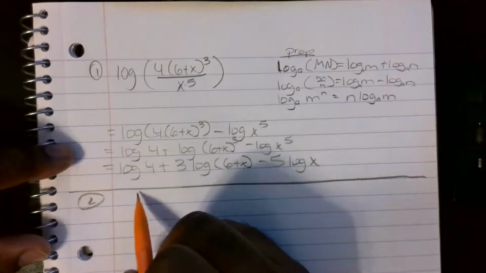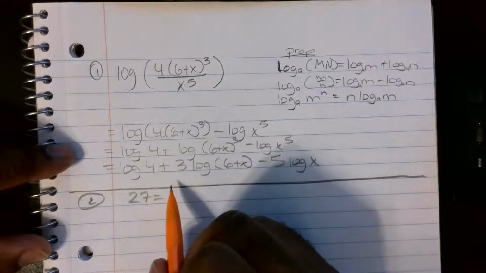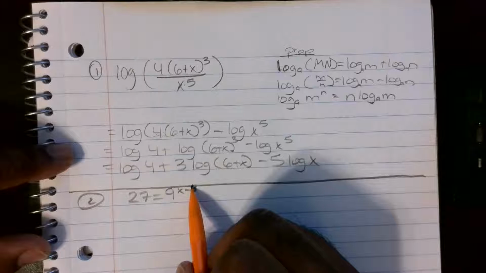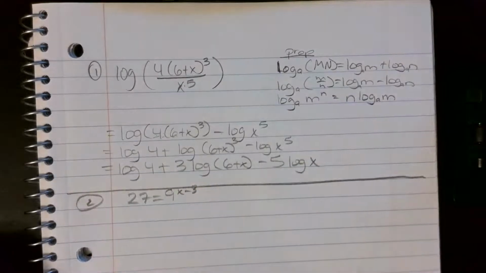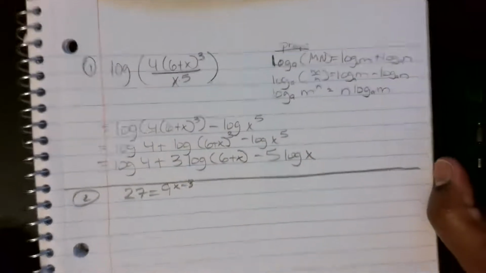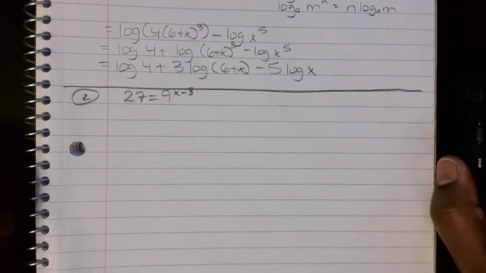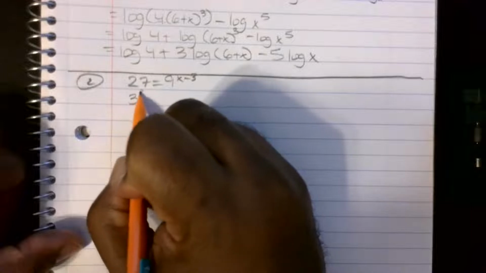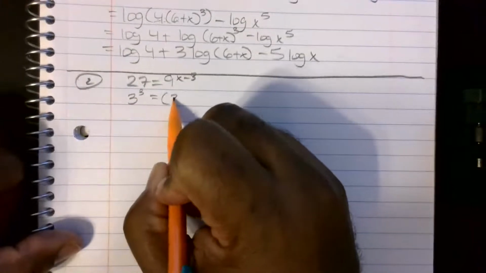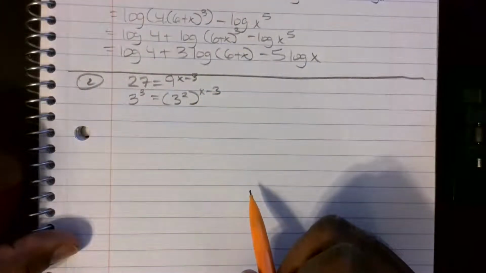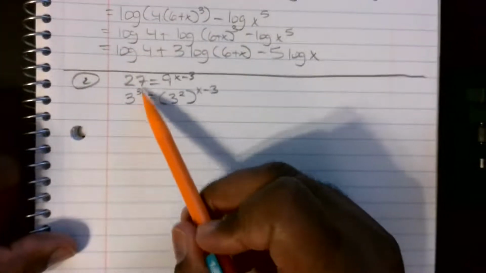But anyway, 27 is equal to 9 to the x minus 3. Right, the bases aren't the same, so we have to get the bases to be the same. Obviously 27 and 9 are multiples of each other, but 27 is not a power of 9. But 27 is a power of 3, as is 9. So this is 3 cubed is equal to 3 squared to the x minus 3. 9 is 3 squared, 27 is 3 cubed.